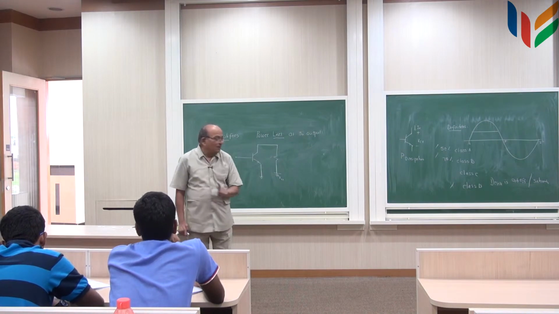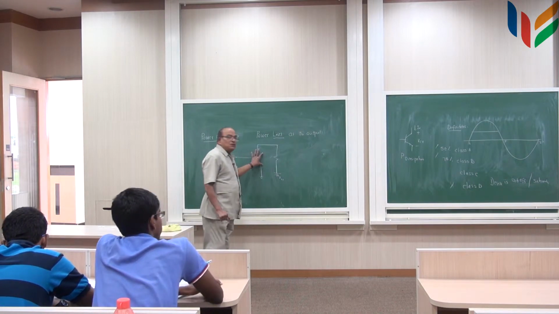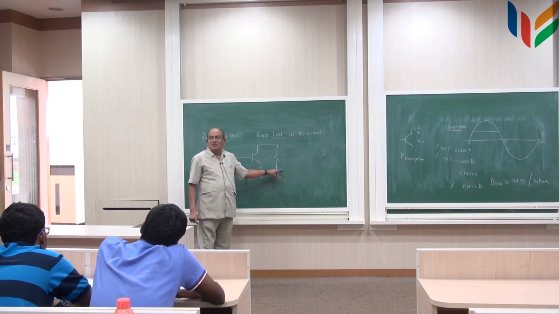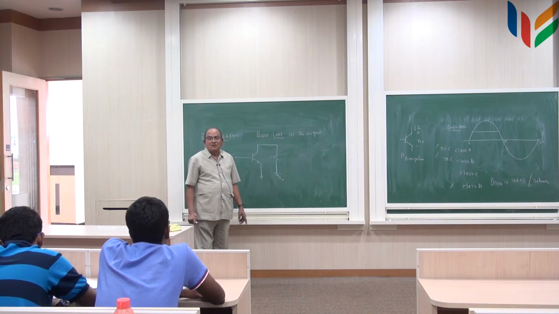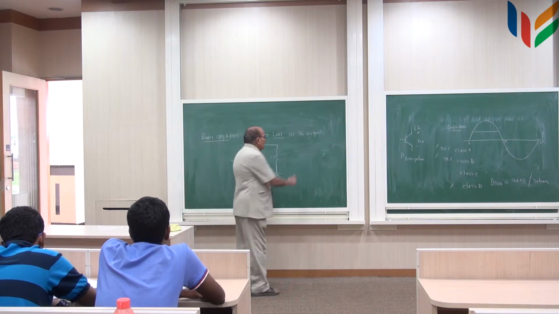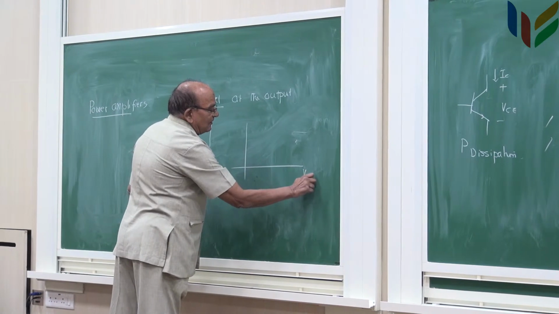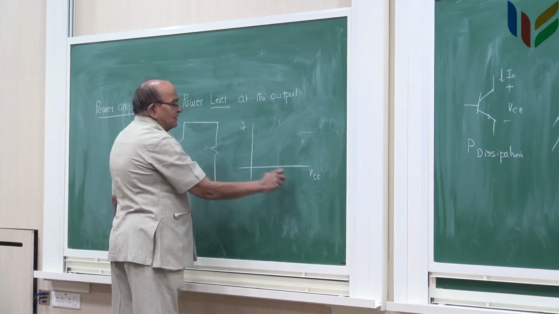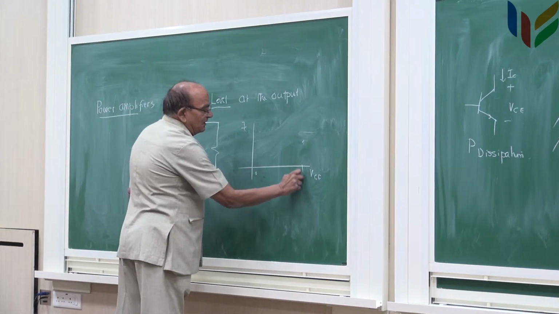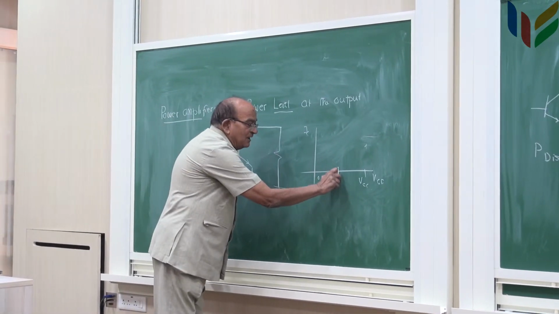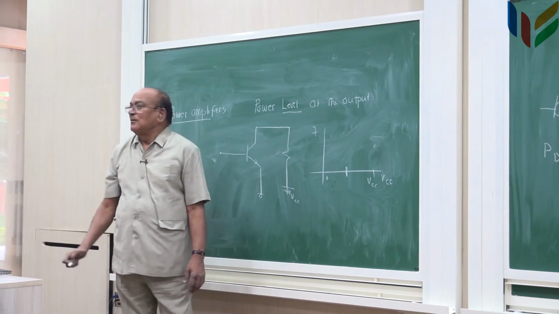But without doing any calculations, you should be able to very quickly see what kind of efficiencies we will get. If you remember, we said VCE should be approximately half of VCC. Why did we say that? If you remember our characteristic, VCE versus IC, this is 0 and this is VCC, and we said our bias value should be somewhere in the middle.